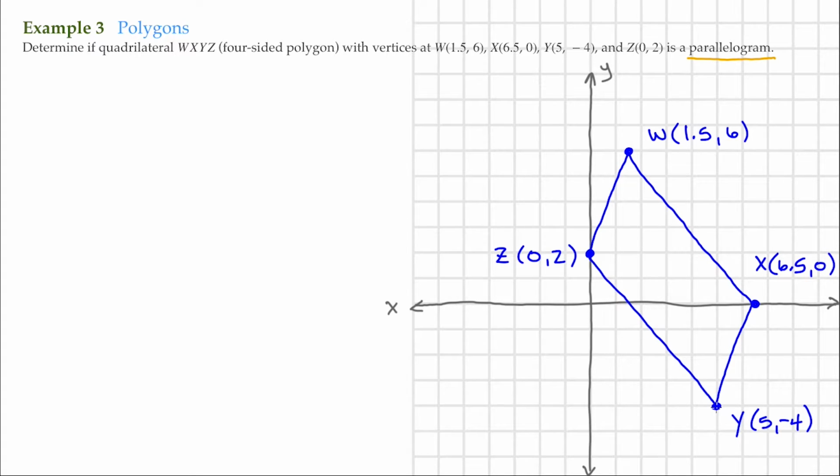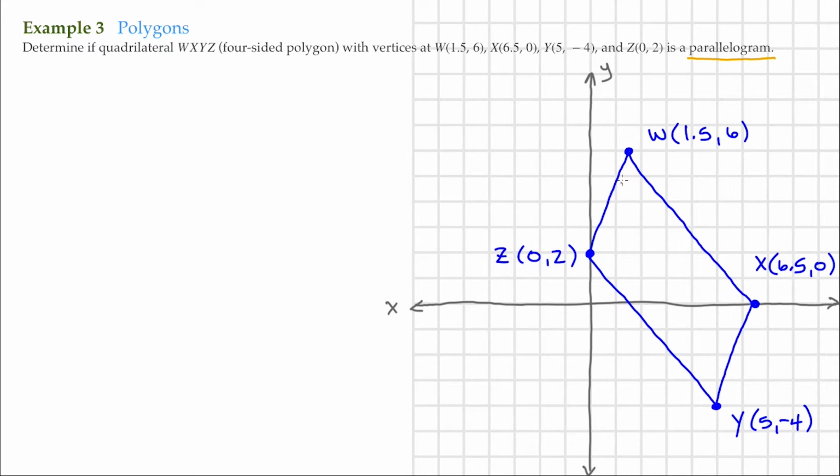So certainly making a sketch, drawing it in, or plotting the parallelogram, we can see what's going on. So we have this quadrilateral. Now, in order for it to be a parallelogram, both pairs of opposite sides must be parallel to each other. So in other words, the slope of this line segment WX must have the same slope as this line segment ZY.